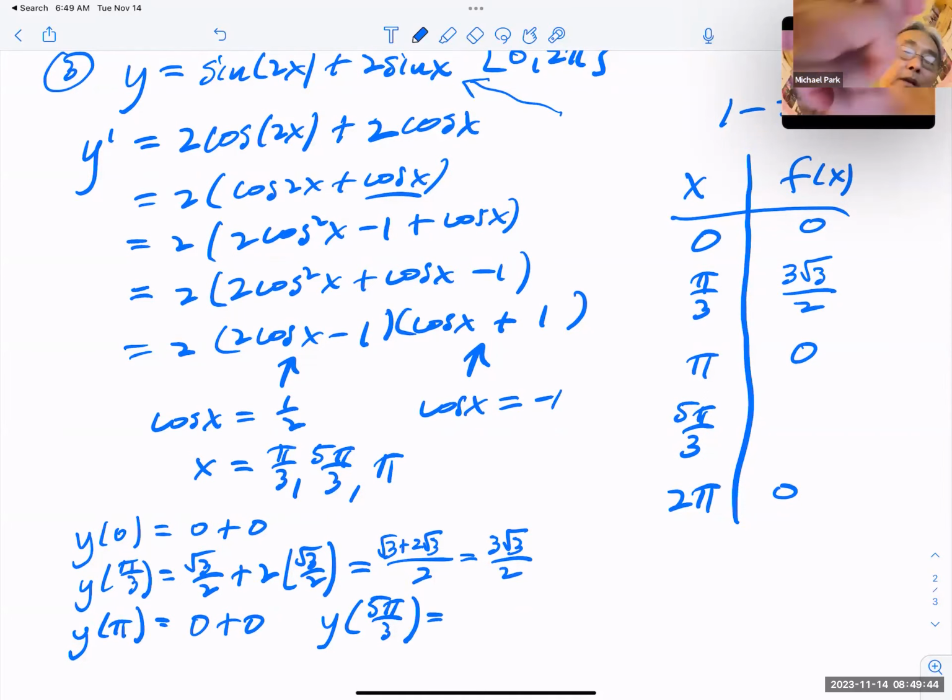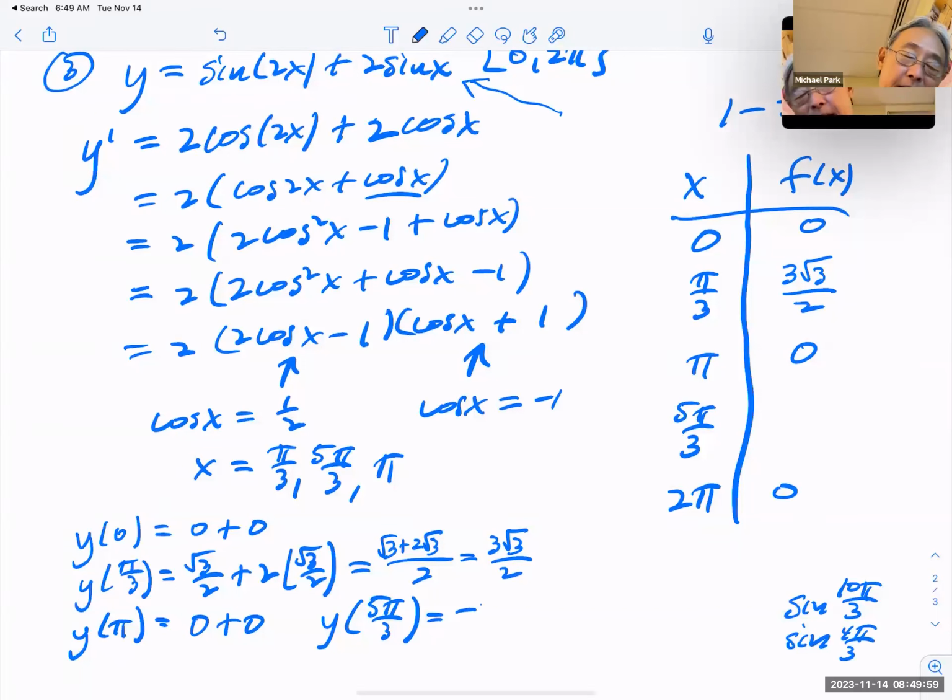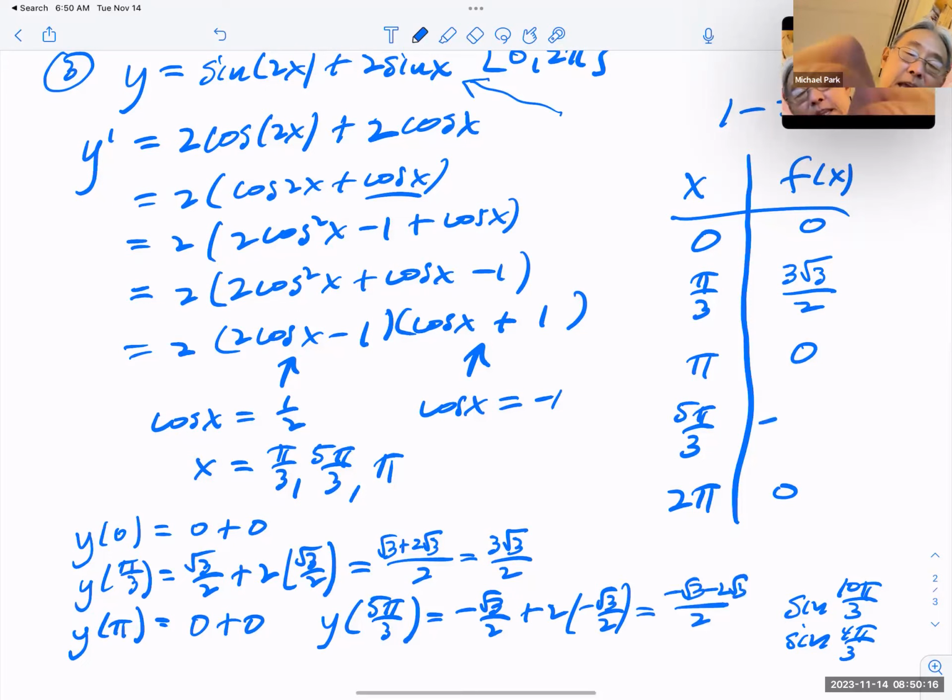You can subtract 2 pi from that, which is 6 pi over 3, so you can reduce it down to sine of 4 pi over 3, which is negative root 3 over 2, plus 2 times sine of 5 pi over 3, which is negative root 3 over 2. If you make a least common denominator of 2, you get negative root 3 minus 2 root 3, which is negative 3 root 3 over 2.